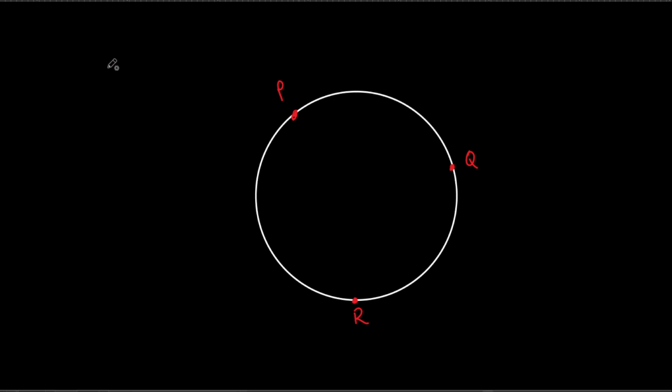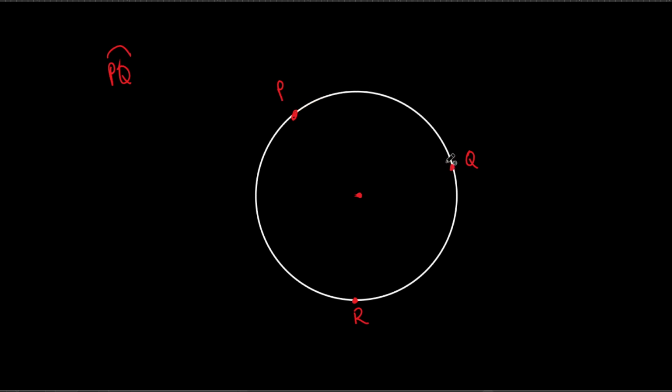So look at arc PQ. I'm not going to trace over it, but if I go from P to Q, that would be that arc right there. How do I know, quickly? It's arc PQ. I'm traveling around from here to here.